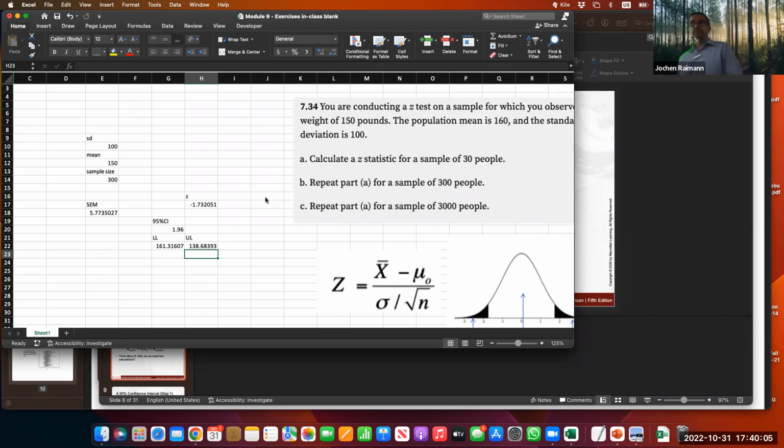If it's in the main part, you're accepting it because it's not outside. Your Z-score is not greater numerically than your critical value.